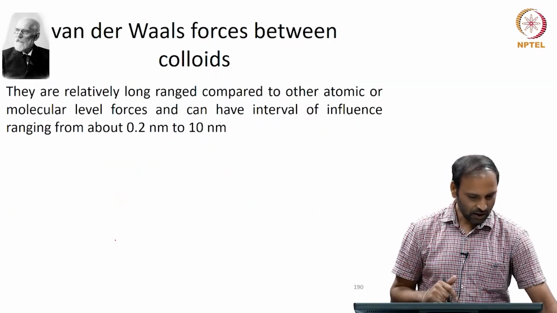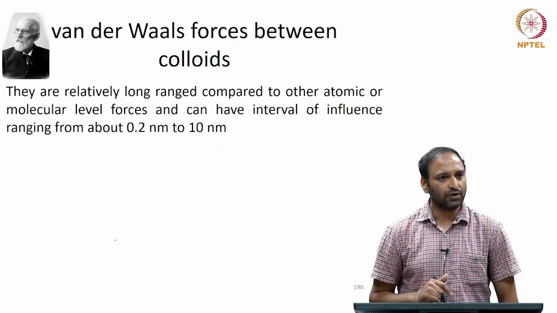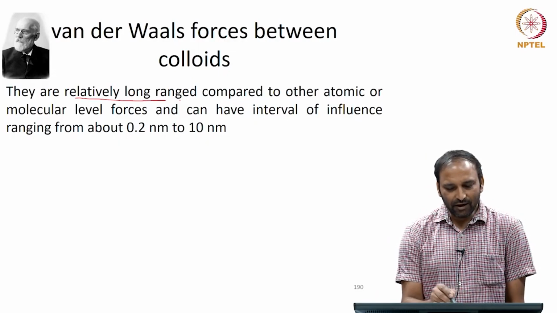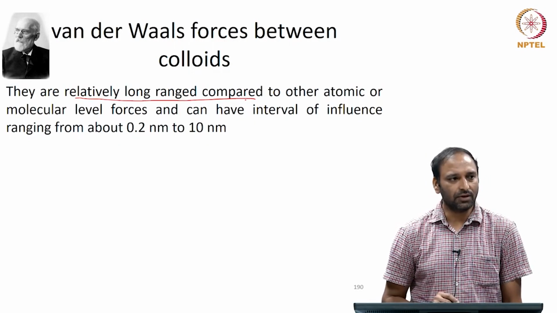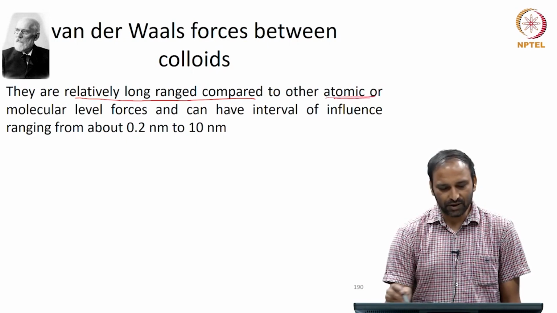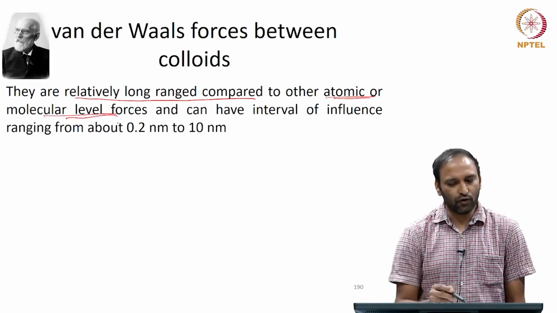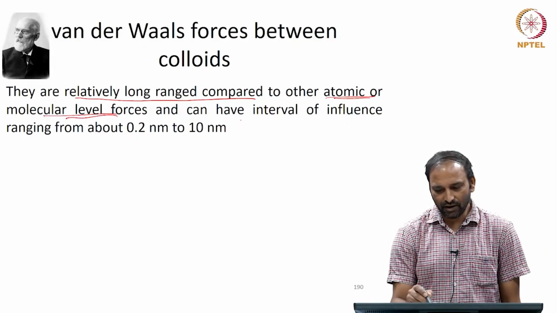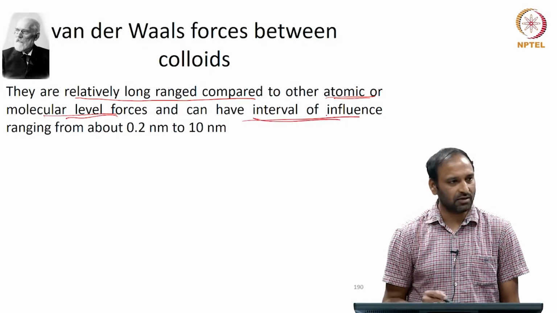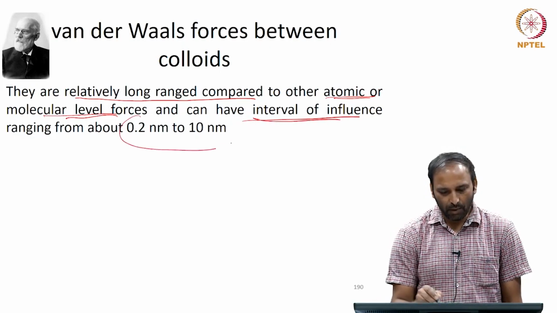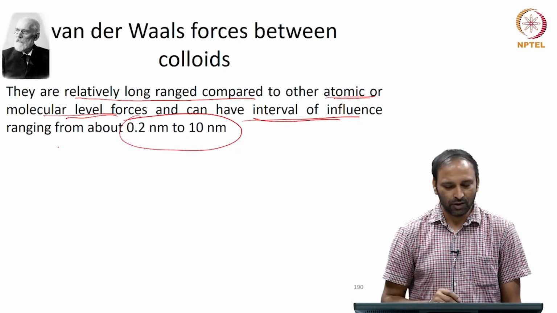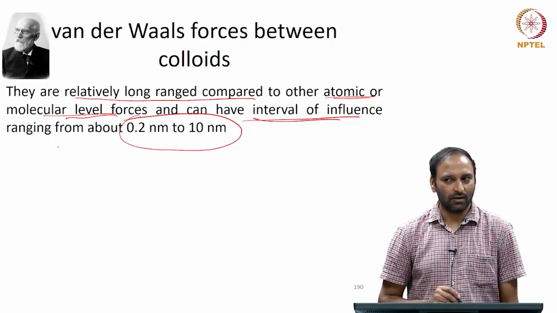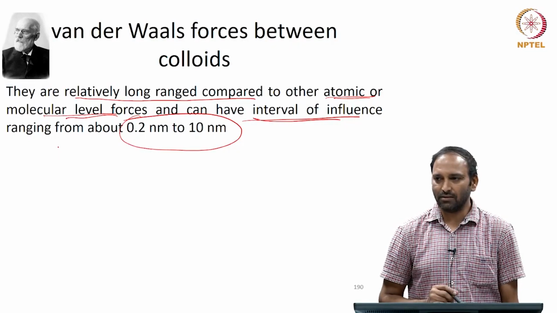The other thing to notice is that they are relatively long ranged compared to the atomic or molecular forces, and they can have an interval of influence ranging from about 0.2 nanometer to 10 nanometer. Okay. Everybody understand the statement?